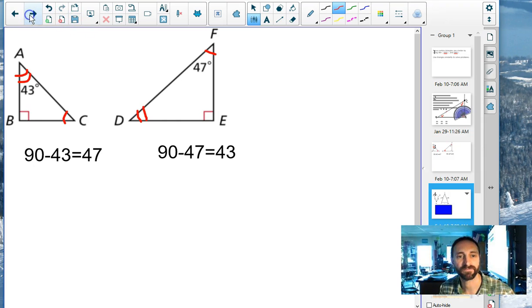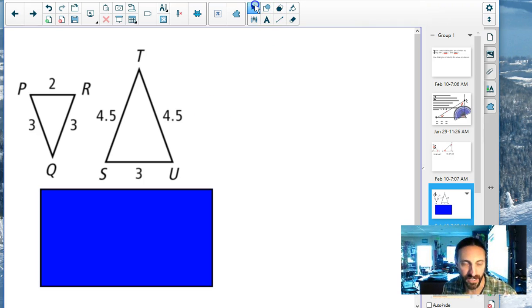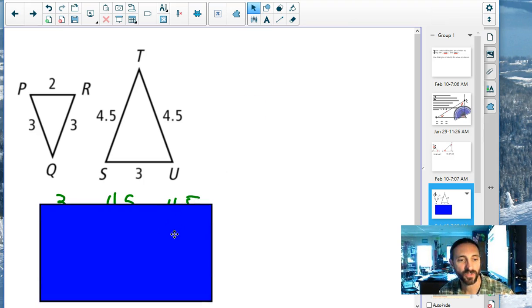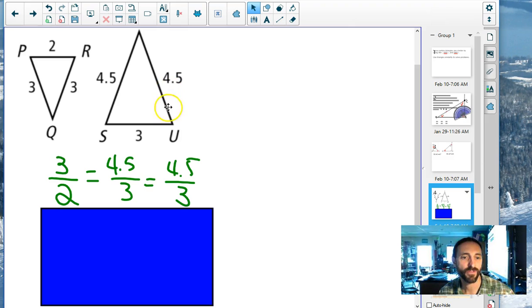Okay, let's try another one. Here you've got two triangles. Now I don't have any angle information, but I do have side information. So if I set up ratios of the side lengths, if I know that all three sides are proportional, then I know these two triangles are similar. Well, what's it look like? Here we go. Let's go from big to small. 3 over 2 equals 4.5 over 3.